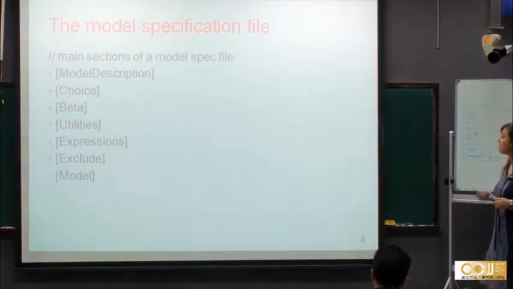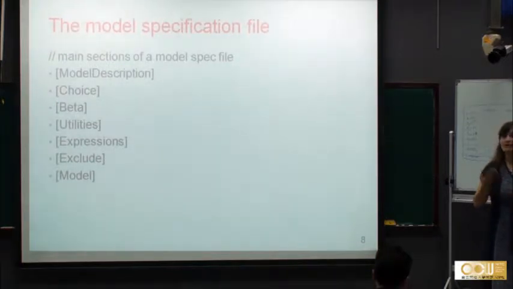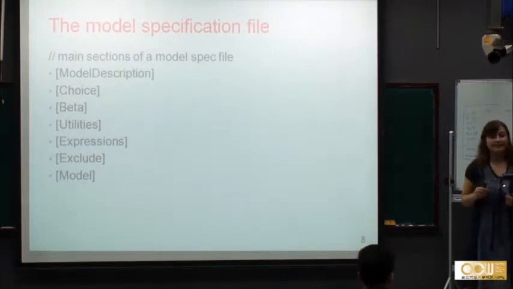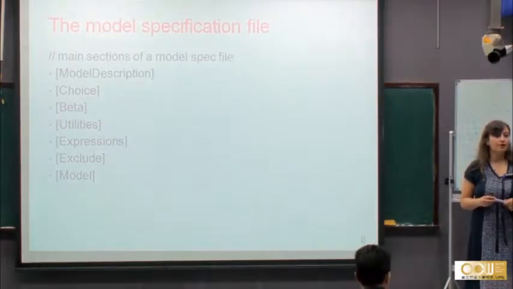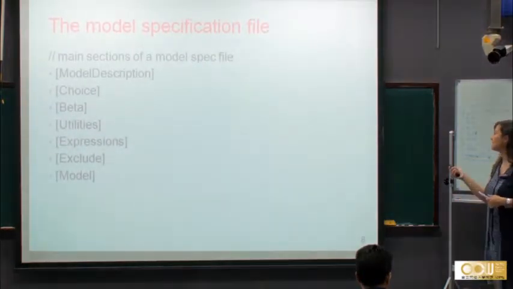Then you specify the choice, the betas, the utility. You make all the calculation, expression mix, all the algebra, you know, scaling, adding, multiplying, and so on. Exclude is for data cleaning, or for estimating the model on particular segments of the population, and then you have the model.